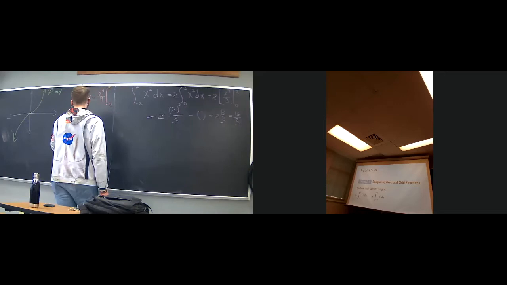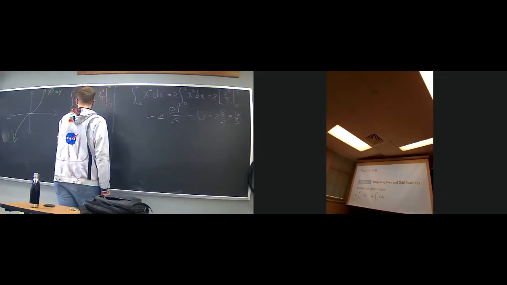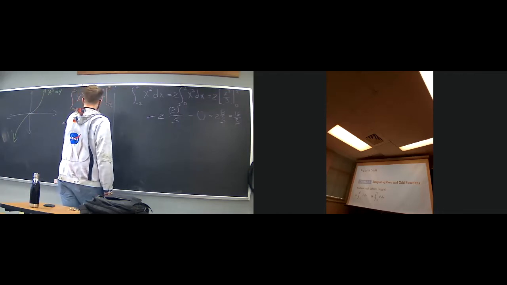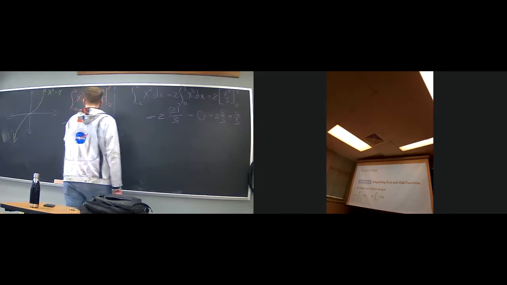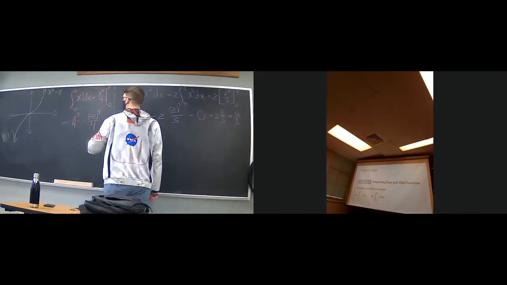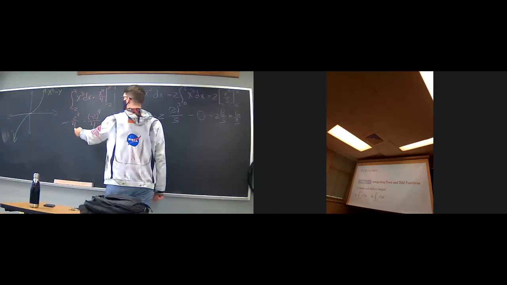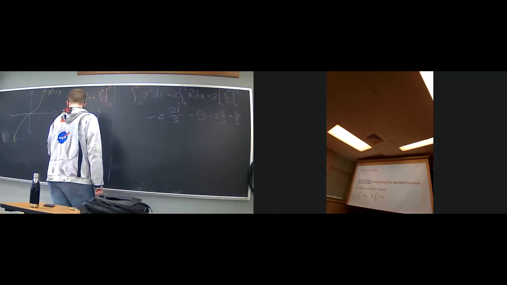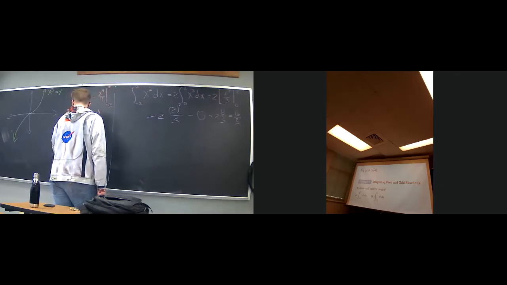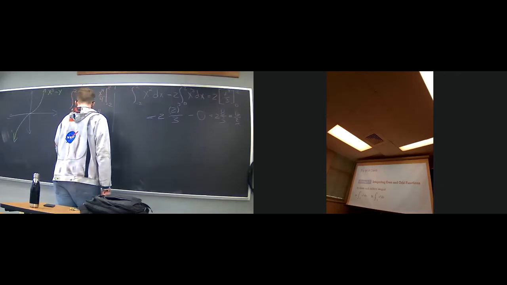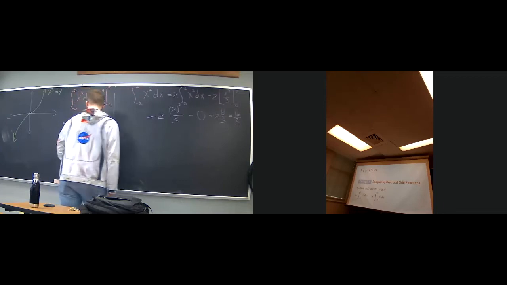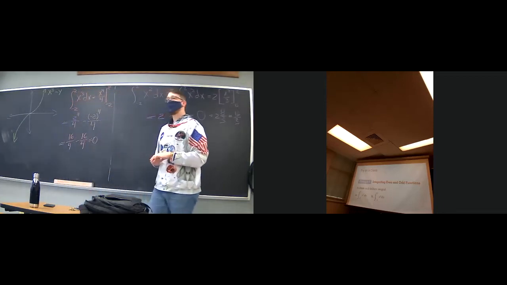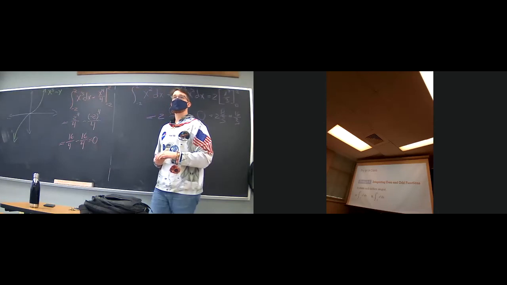This is going to be equal to 2 to the 4th over 4 minus negative 2 to the 4th over 4. This is going to come out to be 16 over 4 minus 16 over 4. That was a lot of work just to get 0.